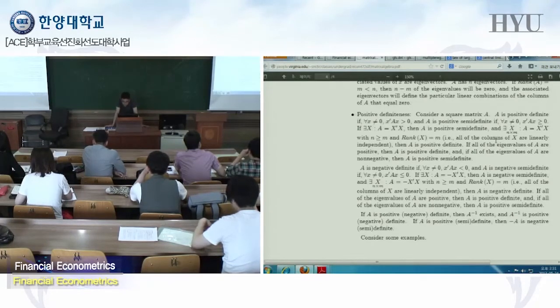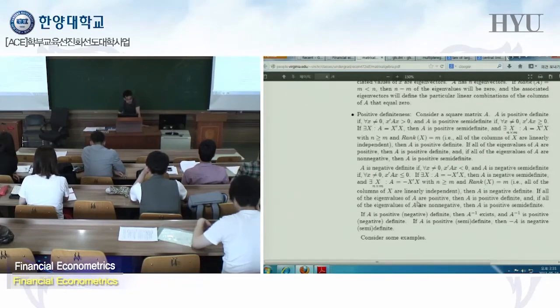Alternatively, if all of the eigenvalues of A are positive, then A is positive definite, and if all of the eigenvalues of A are non-negative, then A is positive semi-definite. For negative definite and negative semi-definite matrices, we have comparable definitions.